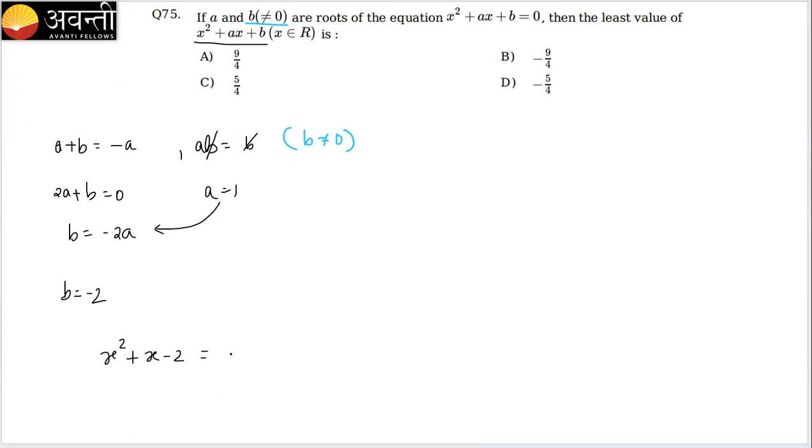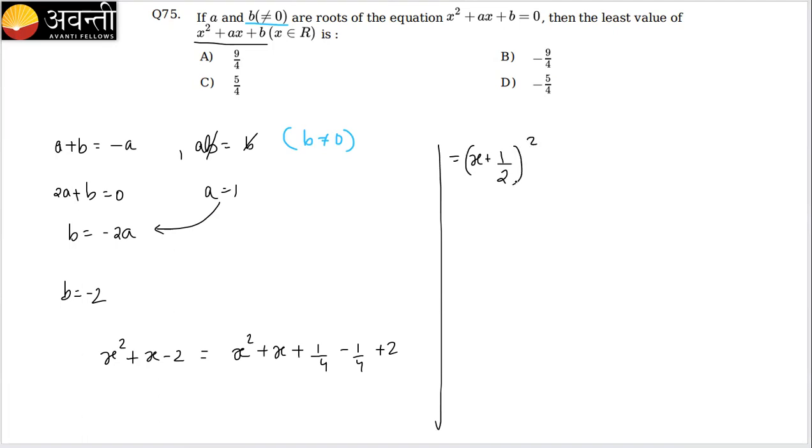For the least value, we do completing the square. So completing the square, we'll get x square plus x, half of it, so we add plus 1 by 4 minus 1 by 4 plus 2. So what we got here is x plus 1 by 2 the whole square.